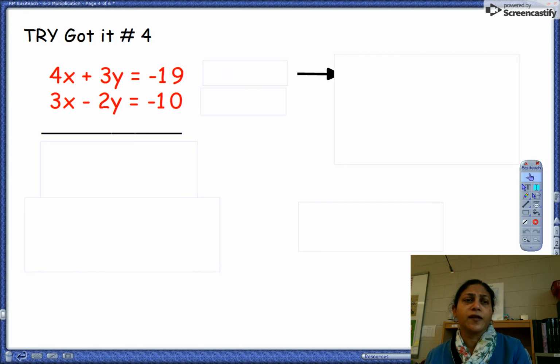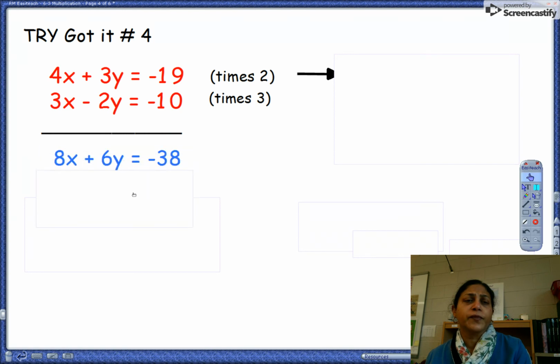I want you to try this. This one is a little bit easier because you already have a plus and minus. So you simply have to multiply the top equation by which number? By 2. The bottom equation by 3, so that we end up with 6y and negative 6y. This is the result of the first multiplication.